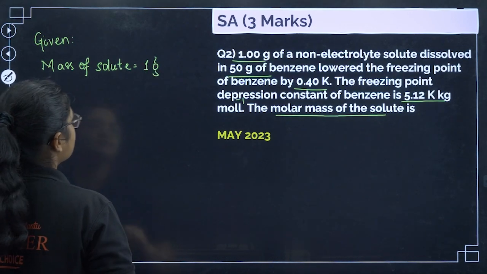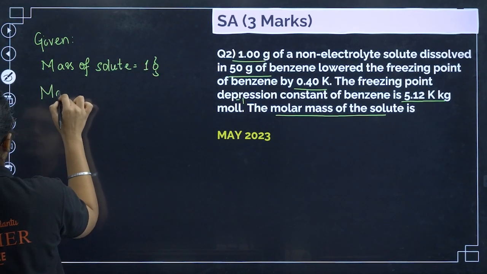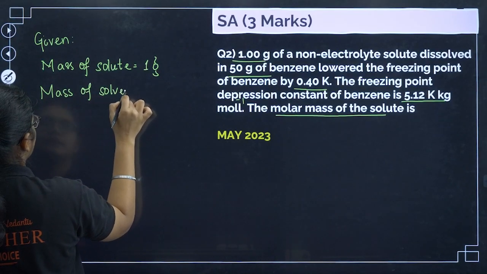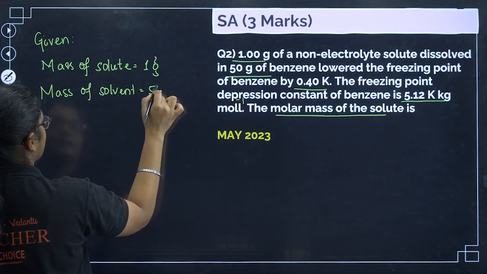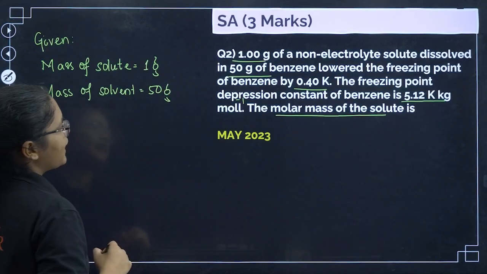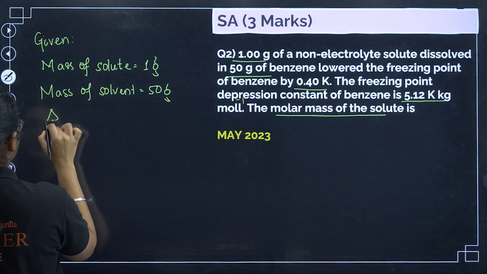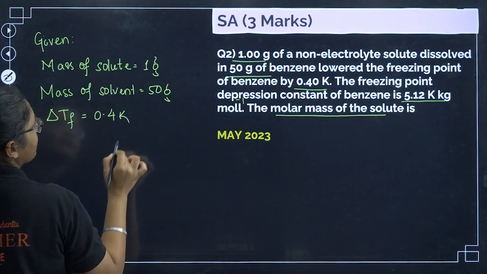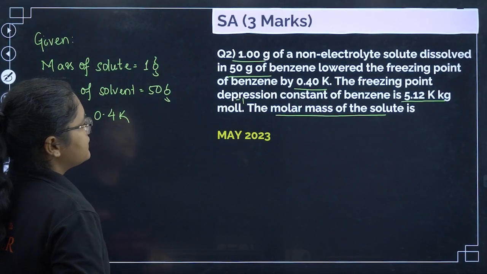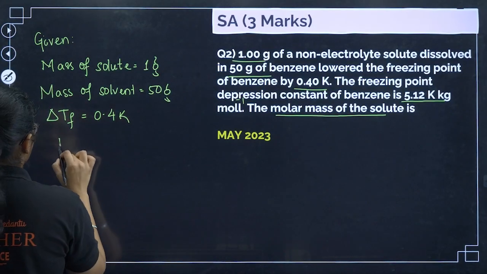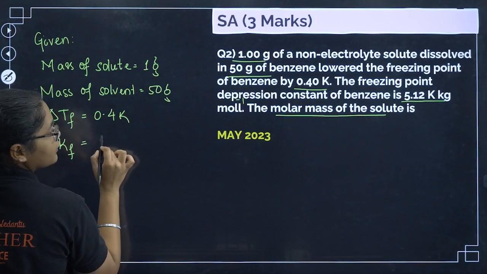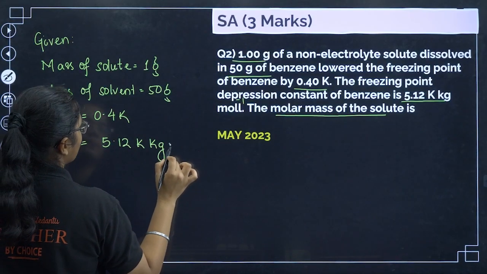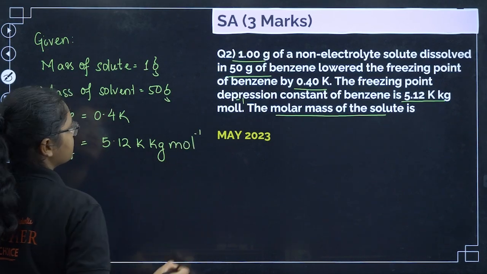Next we have mass of the solvent. So mass of the solvent or benzene is how much? 50 grams. Next we have depression in freezing point. Delta TF is given to me as 0.4 Kelvin. Next, the freezing point depression constant Kf is equal to 5.12 Kelvin kilogram mole inverse.